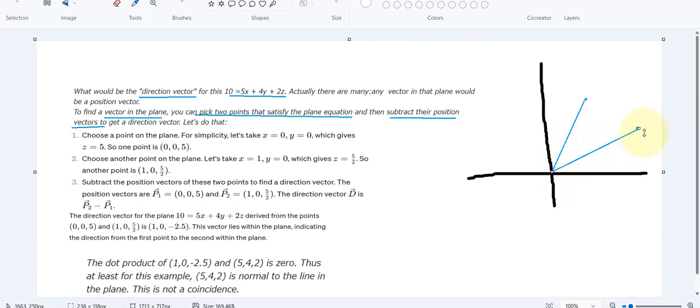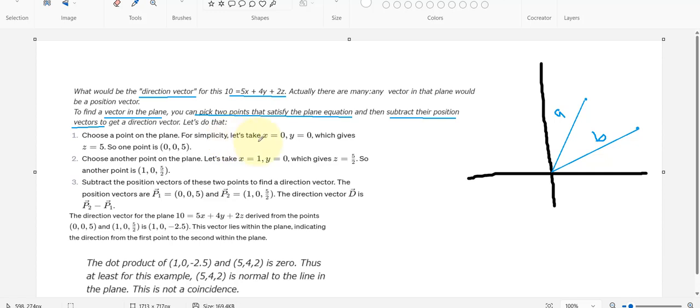We can call them OP1 and OP2, or we could call them A and B. And if we subtract A minus B, we'll get C, which goes from B to A, as we've discussed. That's going to be a vector in the plane. So that's one way to get a vector in the plane: just choose any 2 points and subtract their position vectors, and that will give you a vector in the plane.